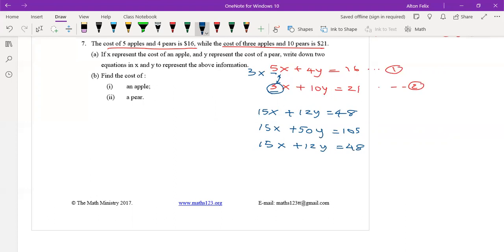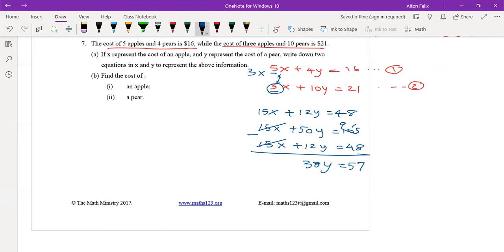So we can see how our X will be eliminated. It's the elimination method. 50 minus 12 will give us, that's a big number, 38. Right, and let's do the subtraction here. 15 minus 48 is... you borrow 1 from 10, will give us 9... 57.